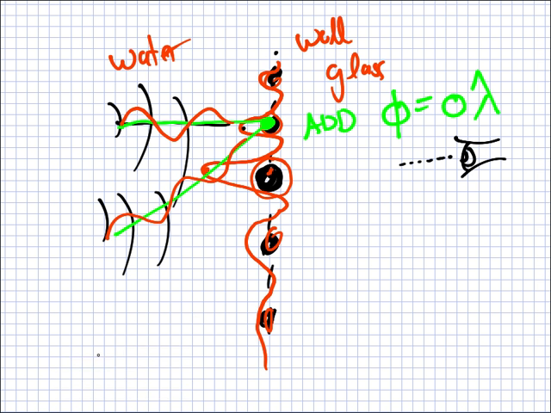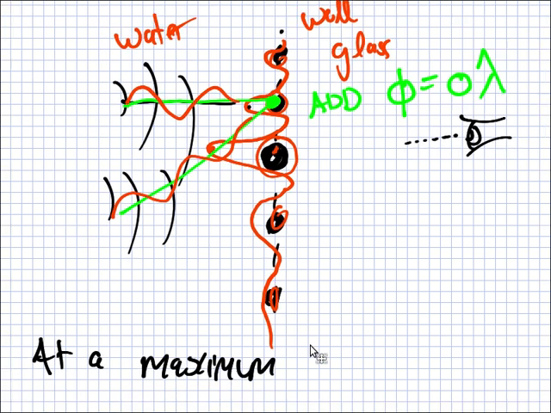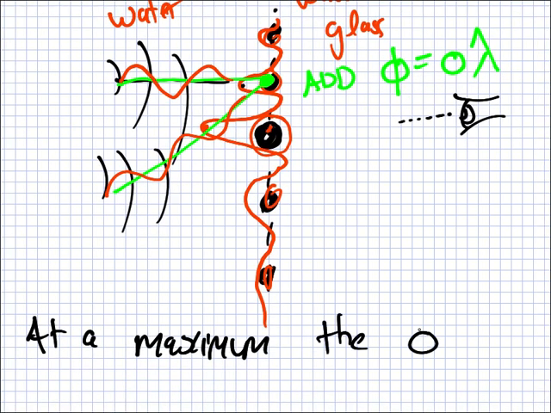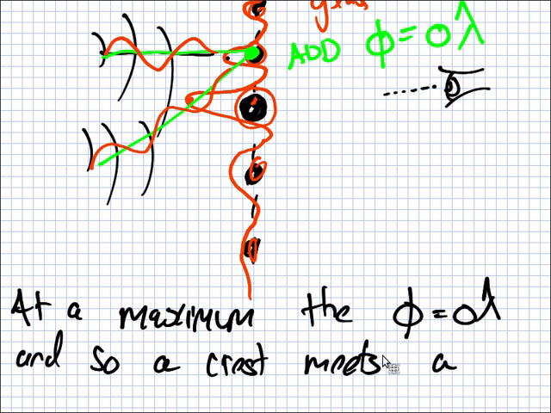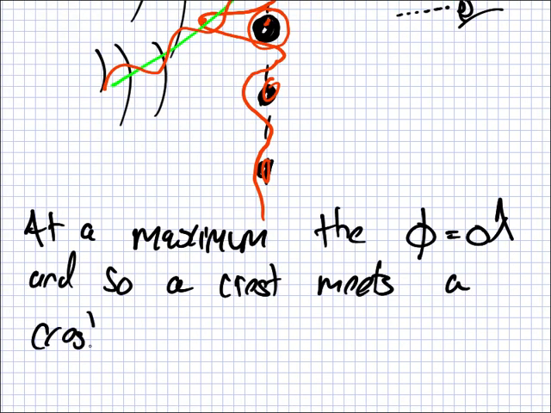So you can say that at a maximum, the path difference is 0 wavelengths, and so a crest meets a crest, and that makes a larger wave.